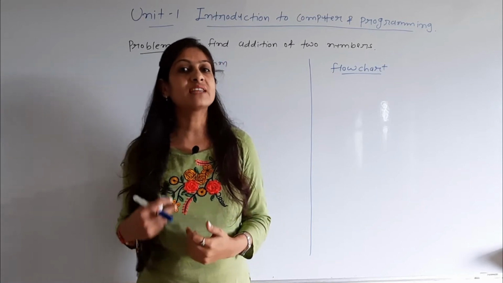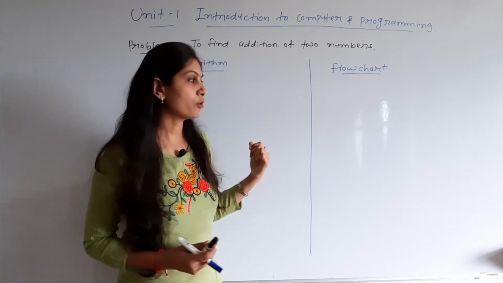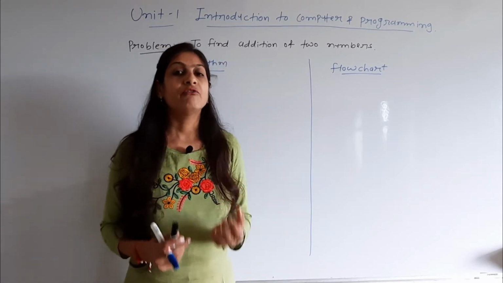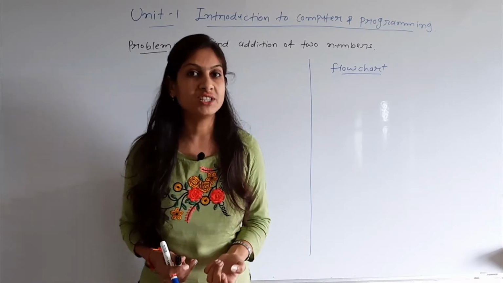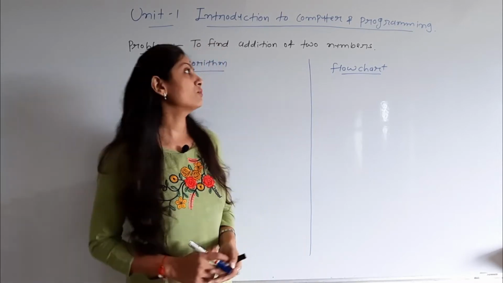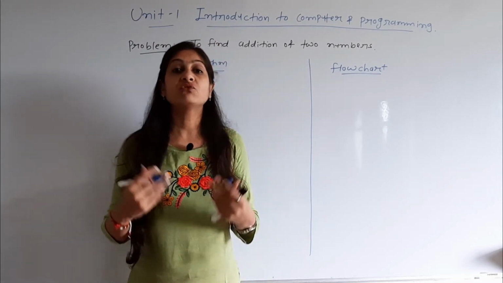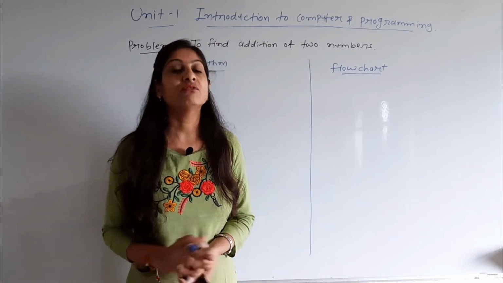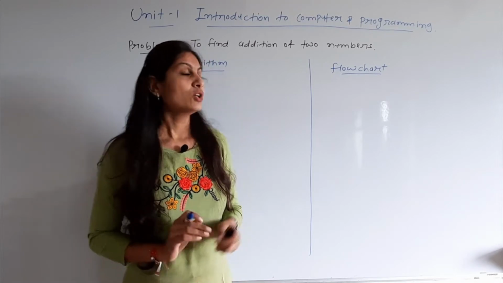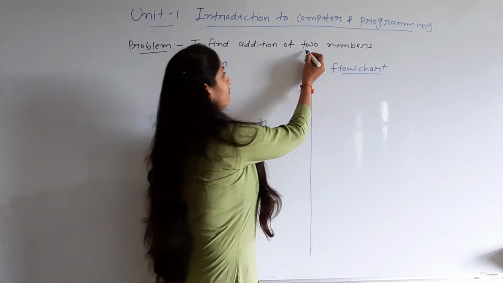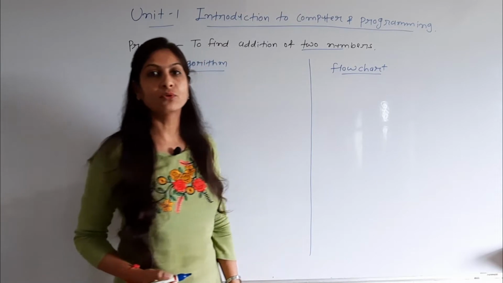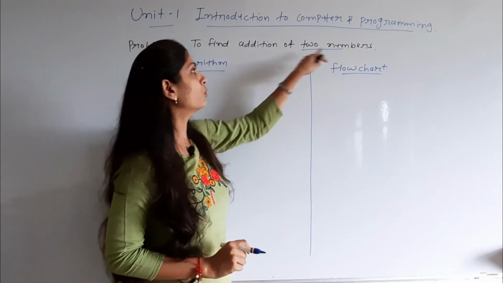Now when we are starting with any problem solving method, we have to think about its logic, how we can start. For that, you have to decide which one is input, which one is our formula, and what is our final output. First, according to the definition, the input is nothing but two numbers.